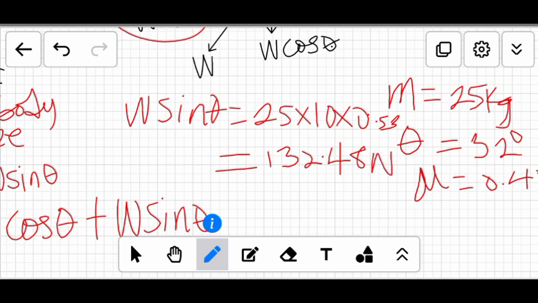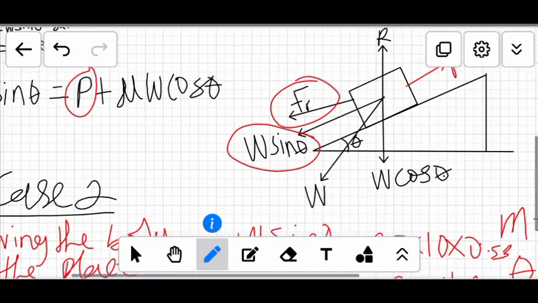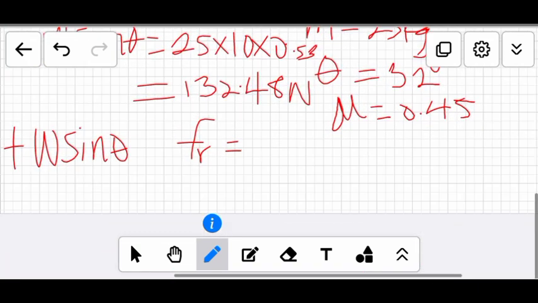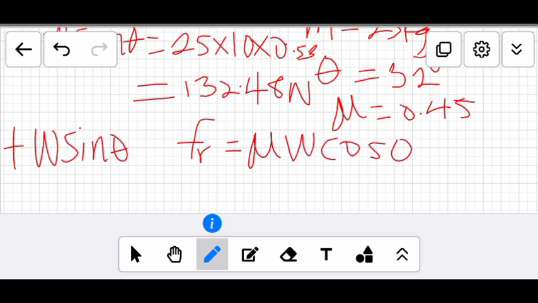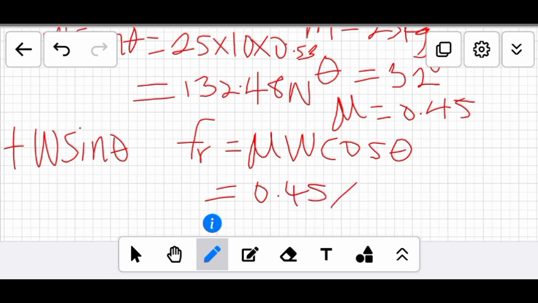So now we need to calculate the frictional force. Don't forget the frictional force Fr is the coefficient of friction multiplied by W cos theta. That is 0.45 times W, which is 250, which is 25 times 10, multiplied by cos 32.